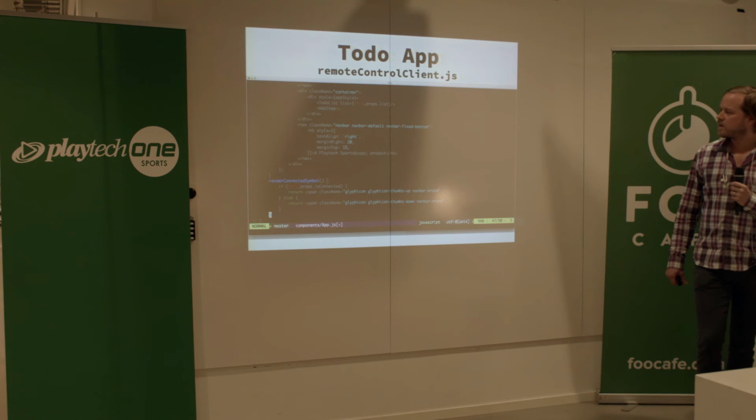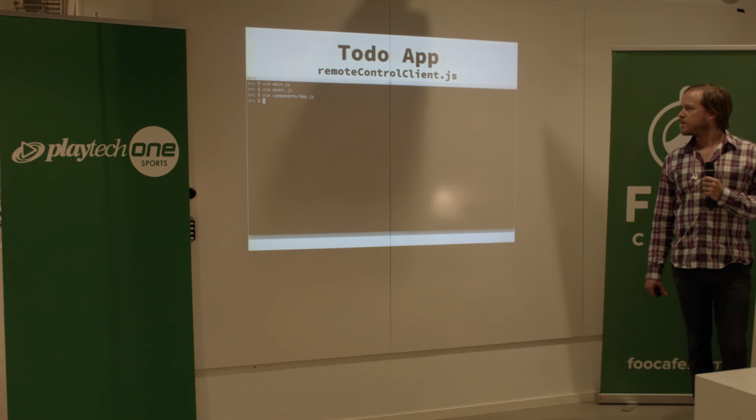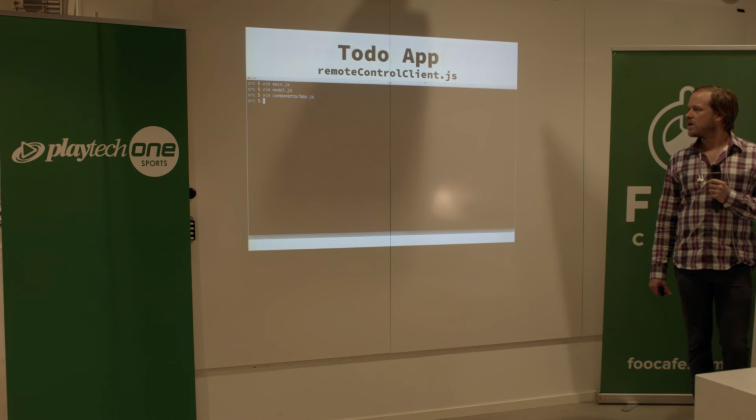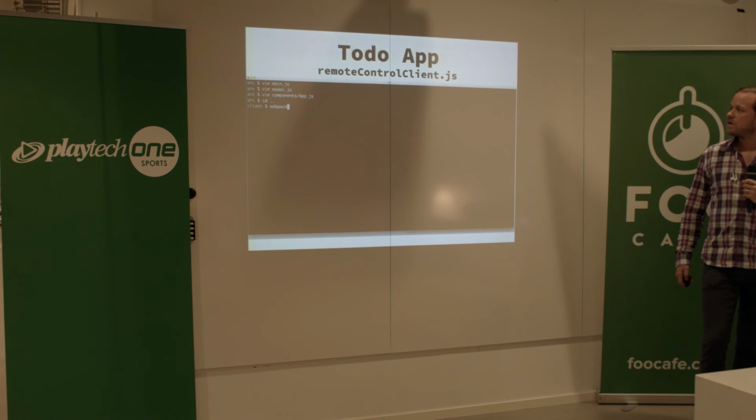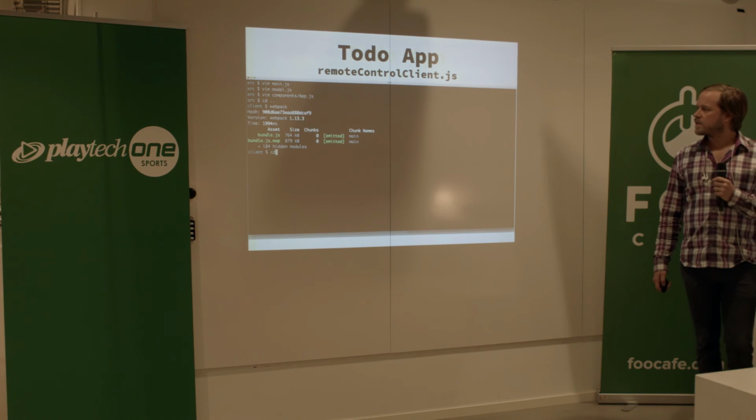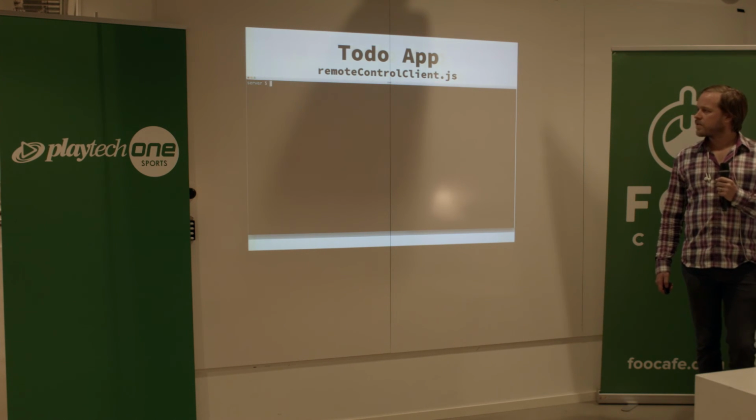So this should be all. The only thing left to do is to build the application and to see if it works. So run Webpack. And we go to the server and run the node server.